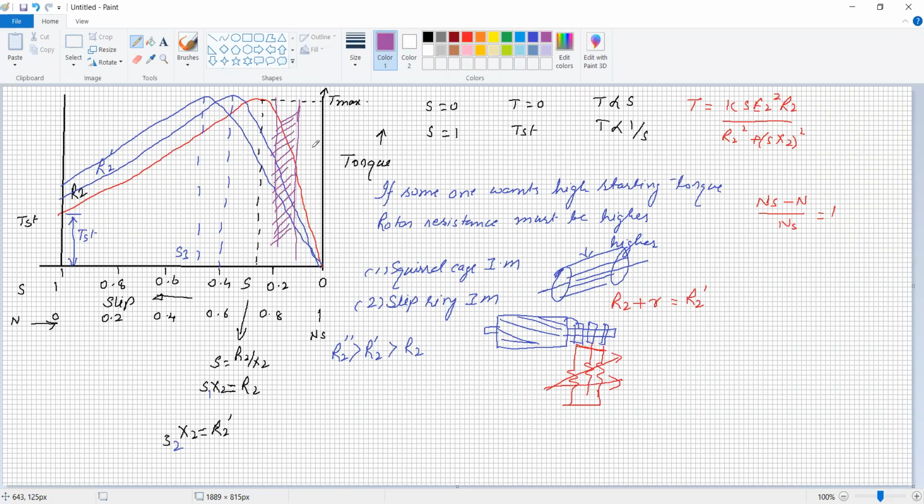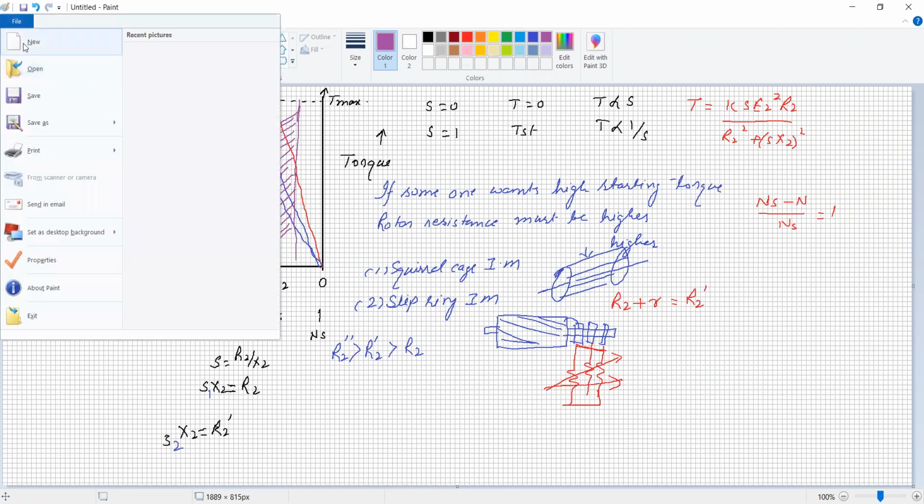It is very important to understand the entire performance characteristic and working of the three-phase induction motor. One more thing with the torque slip characteristic, we try to draw one more diagram.